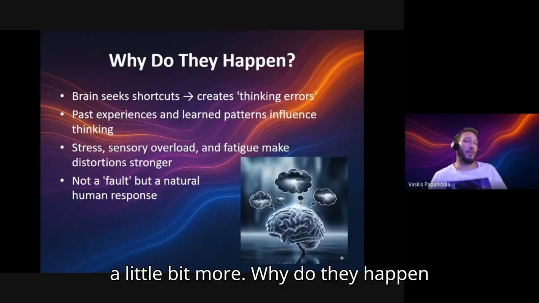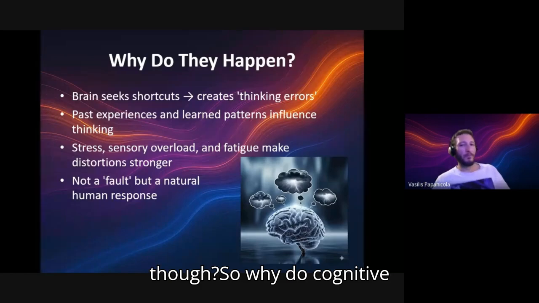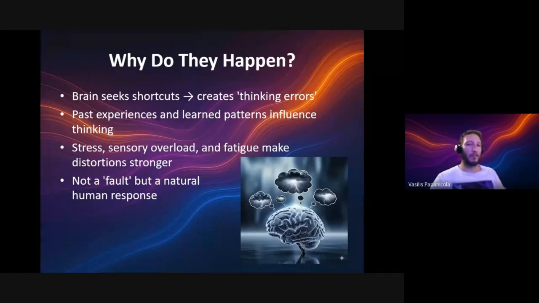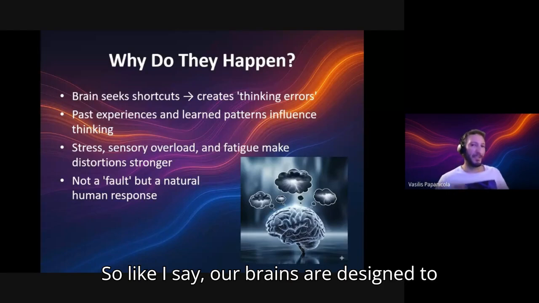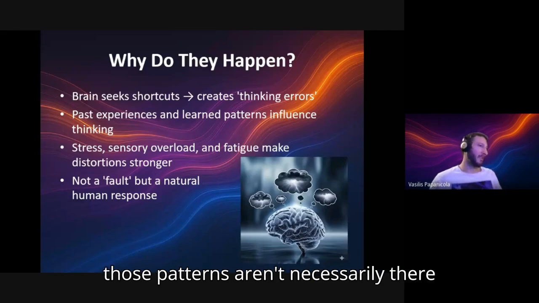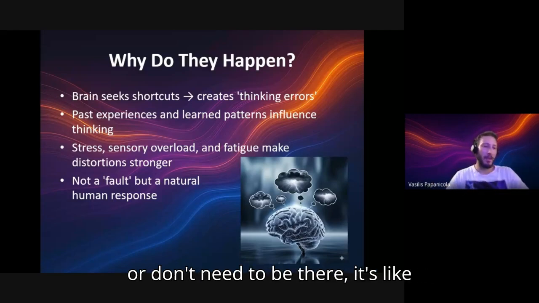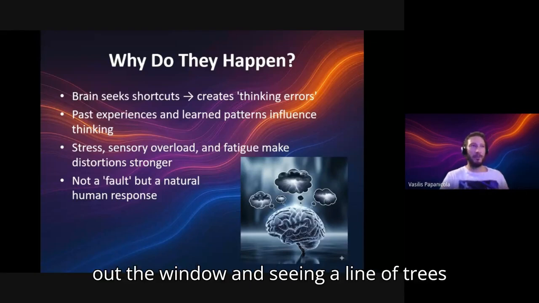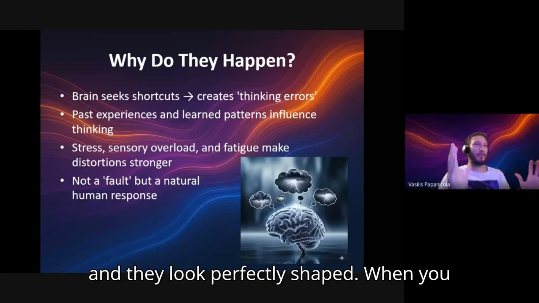Why do they happen though? So why do cognitive distortions take place? Why do they occur? Like I say, our brains are designed to take these shortcuts to save energy, look for patterns. Sometimes when those patterns aren't necessarily there or don't need to be there. It's like lining up all the dots. It's like looking out the window and seeing a line of trees and they look perfectly shaped.